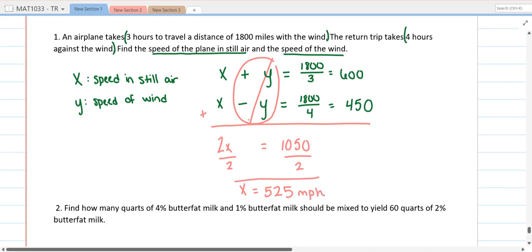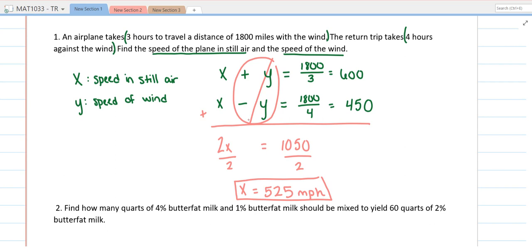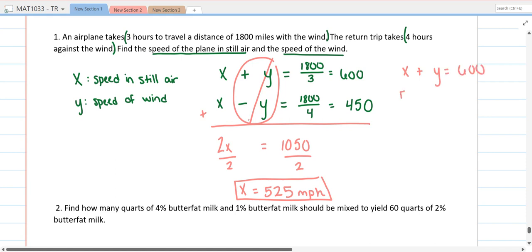And the wind is either pushing the plane forward or pushing the plane backwards at a speed of, and then we'll find y. So we have x plus y equals 600. If we do 525 plus y equals 600 and subtract 525 from both sides, you get y equals 75.